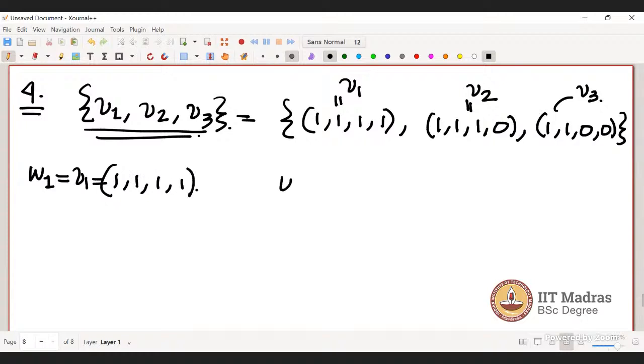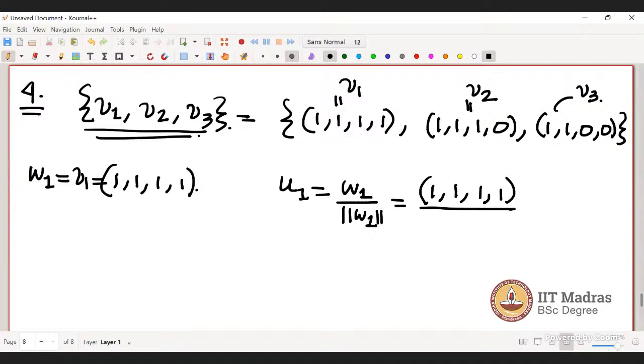So U1 is 1, 1, 1, 1 divided by the square root of 4, which is 2. So U1 is 1 by 2 times 1, 1, 1, 1. This is the first element of my orthonormal basis.